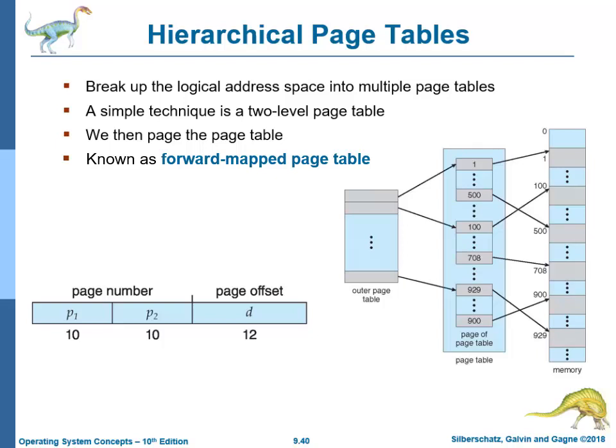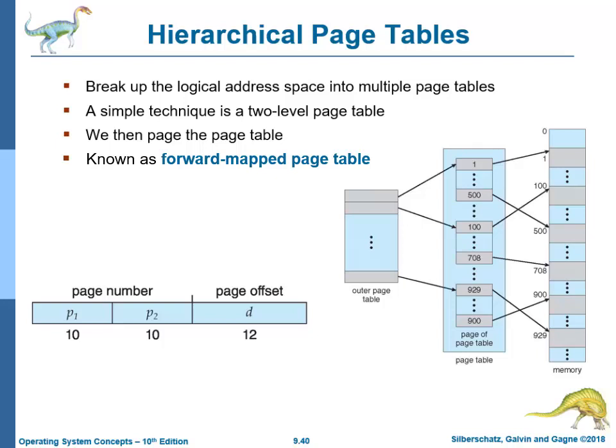The first identifies an entry in the outer page table, which identifies where in memory to find one page of an inner page table. The second 10 bits finds the specific entry in that inner page table, which in turn identifies a particular frame in physical memory.